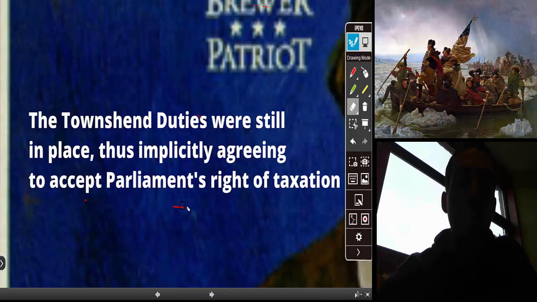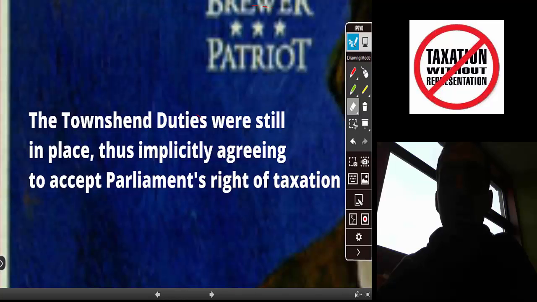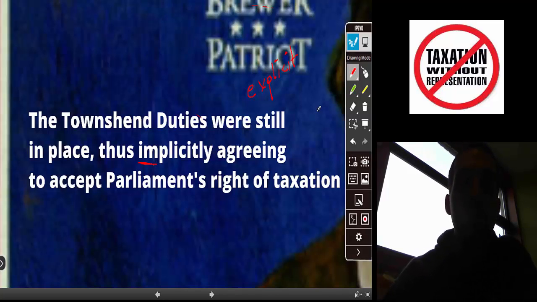Okay. So let's look at this word we have. You guys know how much I like words. We have implicitly. Now we've had the word explicit before, but this word is implicit. Explicit means clearly stated. Im would be the opposite of ex, so that means not clearly stating.